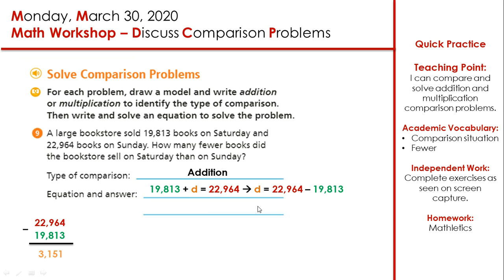And then I can come up with my answer, which is 3,151. Stating this in writing, my answer will be 3,151 fewer books were sold on Saturday than on Sunday.